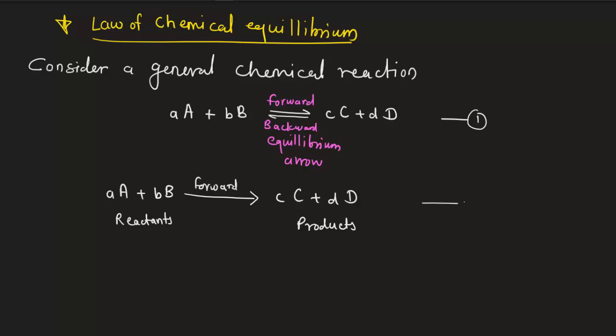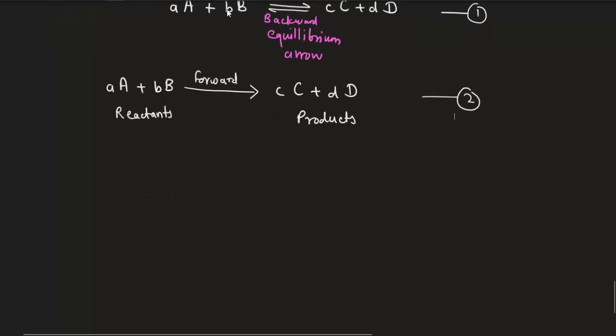Let's say this is reaction number 2, and the backward reaction we can write as small c C plus small d D. This is the backward reaction.